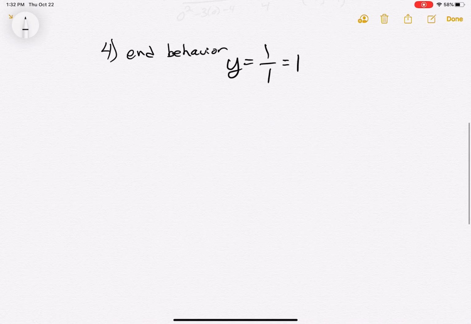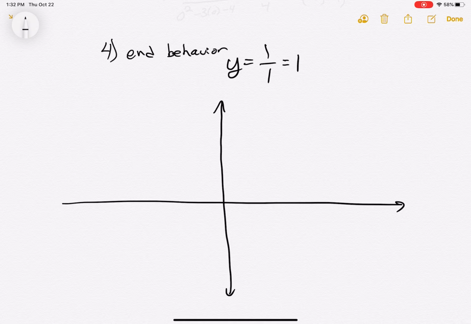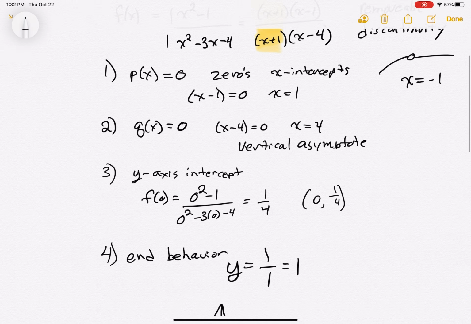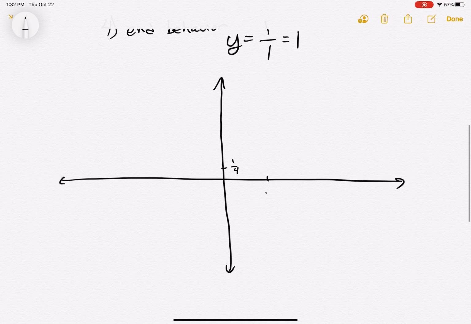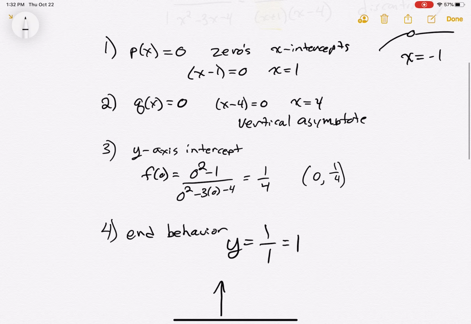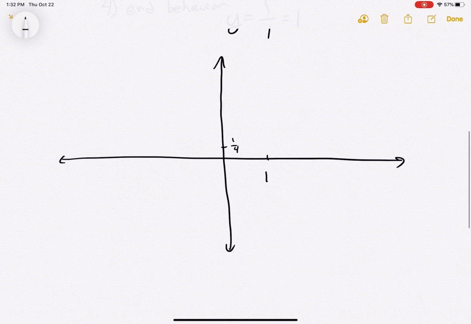So now I can take a look at what this graph is going to be looking like. I got a y-intercept at 1/4. I got an x-intercept at 1. I've got a vertical asymptote at x equals 4. And then I've got a horizontal asymptote at y equals 1.